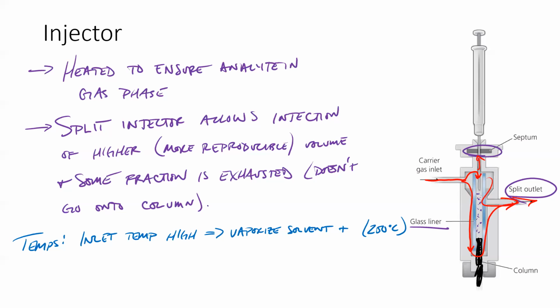And so what happens is at your low column temperatures, if this part here is 250 degrees and the column is 40 degrees, if your sample, your analyte, is not in the gas phase at 40 degrees, it's just going to stick to that column right there. Right? And really, that's what we want. We want stuff that's not as volatile to stick to the column when the temperature is low, so that it separates from the stuff that is very volatile.